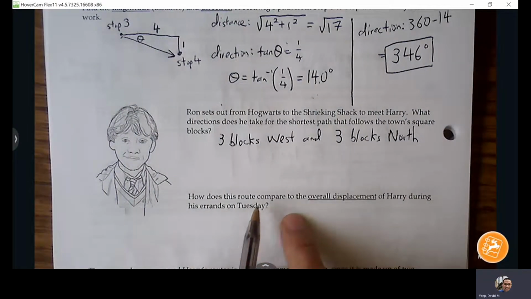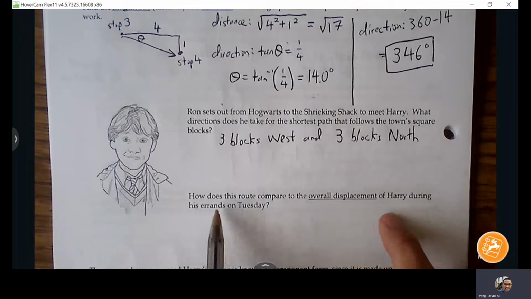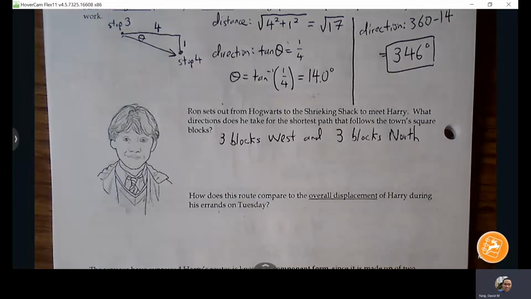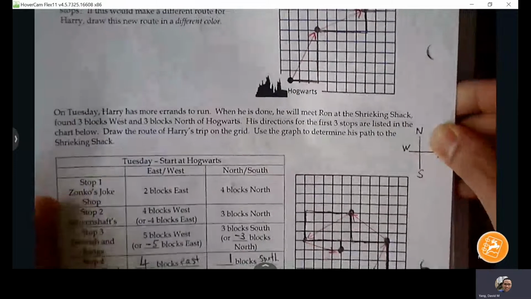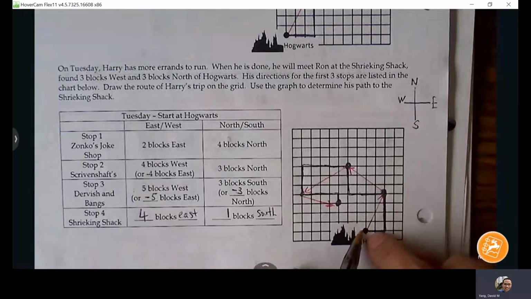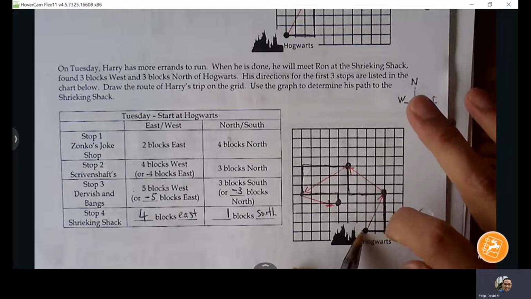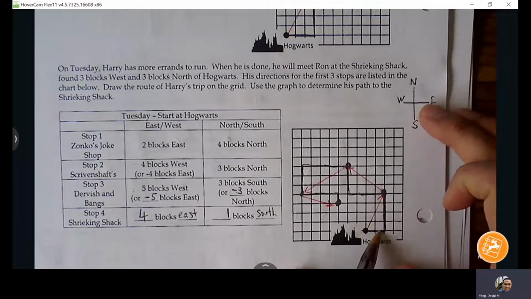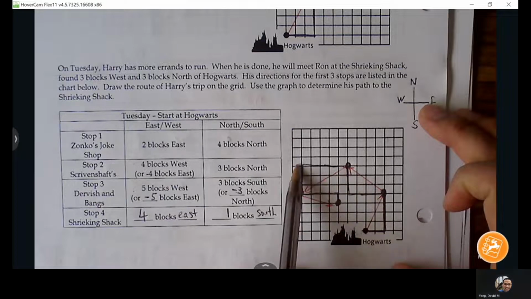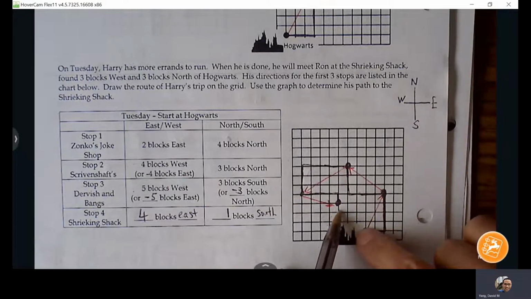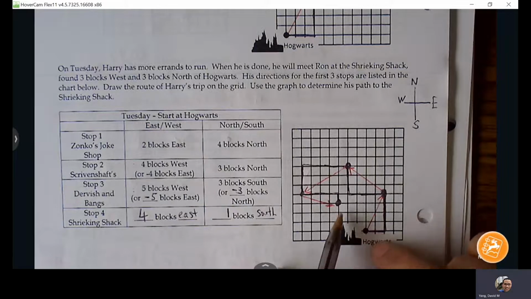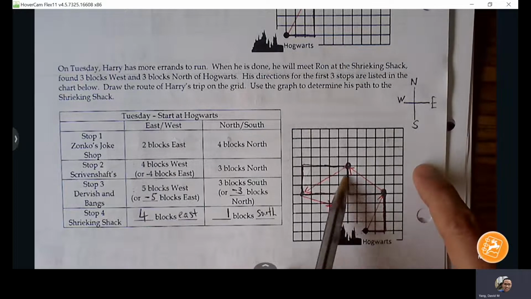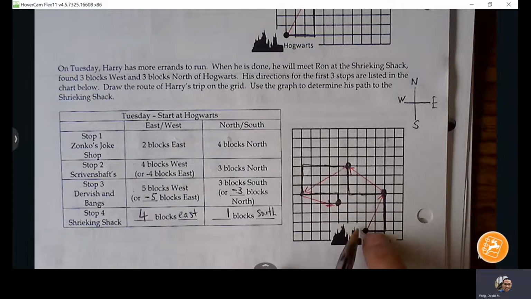Okay, how does this route compare to the overall displacement of Harry during his errands on Tuesday? Now, we see that they're going to take a different path, but they're both going to end up in the same place, right? So this is the path that Harry's going to take. He's going to walk this entire path, but he's going to end up with the same displacement as Ron does, because Ron takes the shortest path from stop 1 to stop 4, but ultimately Harry travels a longer distance, but the displacement is simply the distance between your starting point and your ending point.